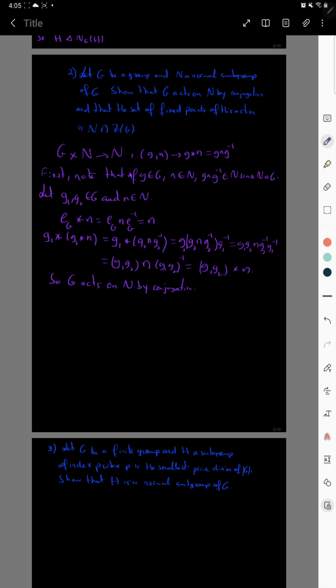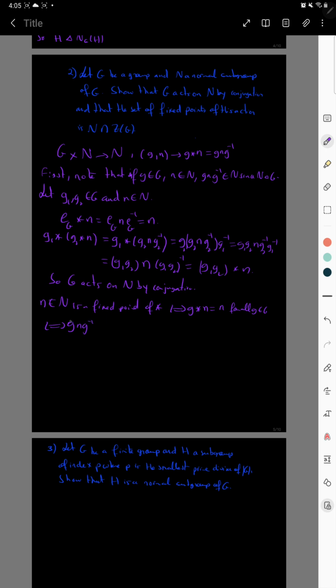Okay, now what is the set of fixed points? Recall that n in N is a fixed point of this action, let's call it star, if and only if, let's do it more generally, g ⋆ n is equal to n for all g in G. Well, what is g ⋆ n?